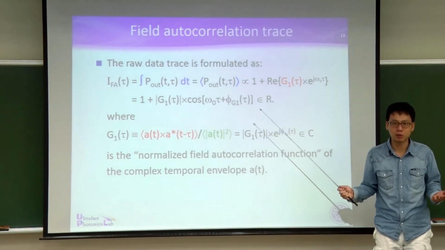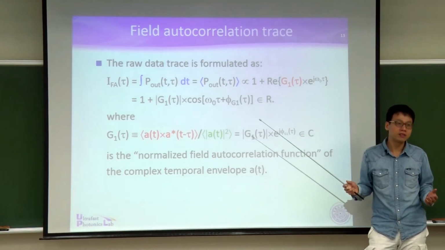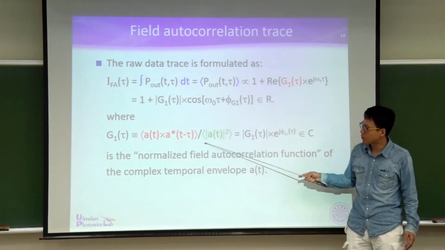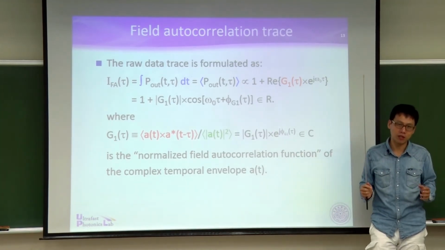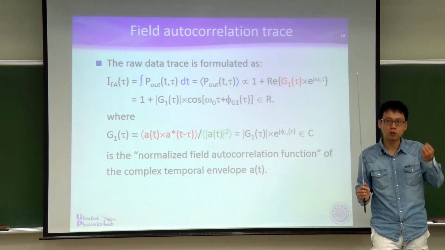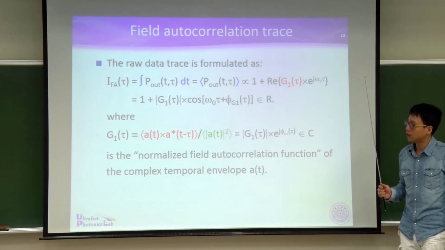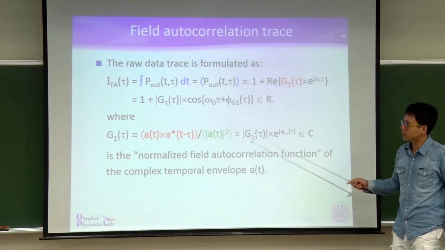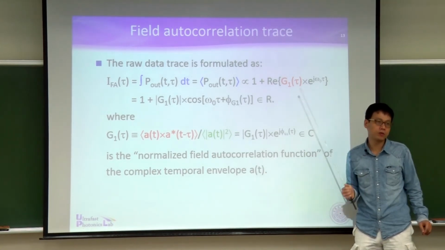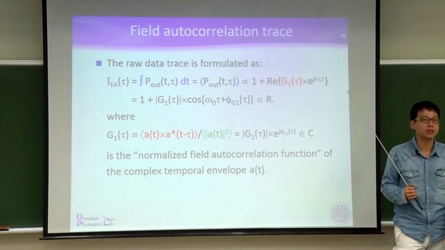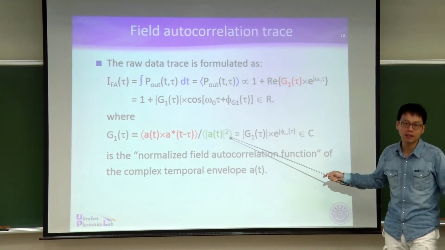When they are totally separated, at that time, the correlation is almost 0. So you can imagine G1 function is maybe a bell-shaped function. Peak at tau equals 0, and decays to the background or 0, when the delay tau is much larger than the width of the A function, A of t. Okay, so you can roughly imagine what does it look like.